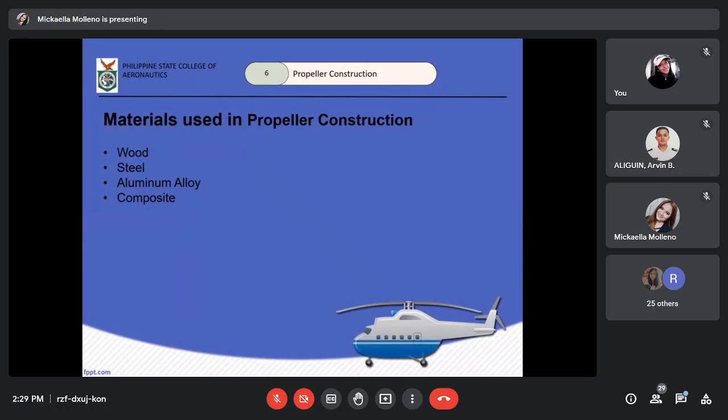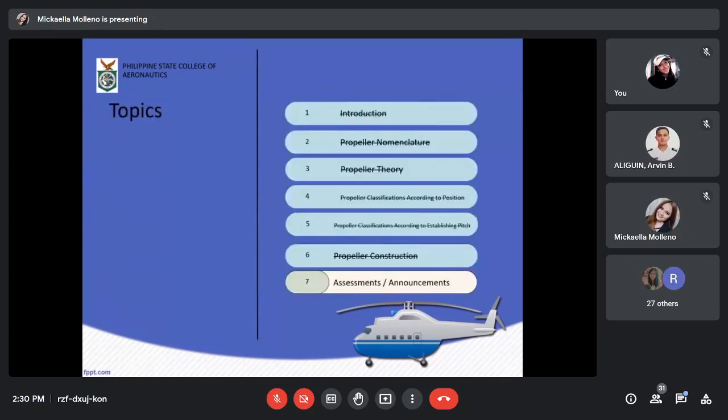So aluminum alloy was introduced. This is the most commonly used type because it is strong and at the same time lightweight. The last innovation is the composite. Composite propellers are gaining popularity due to their strength and light weight. Composites are not limited to propellers, we use them in our aircraft in general. So that pretty much is it.